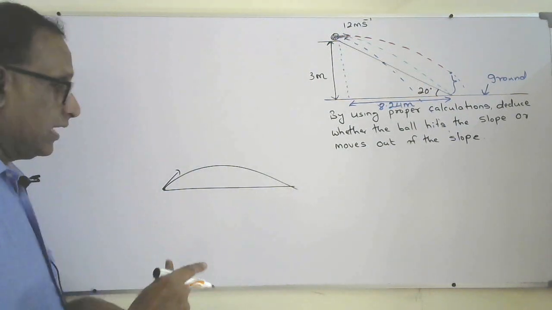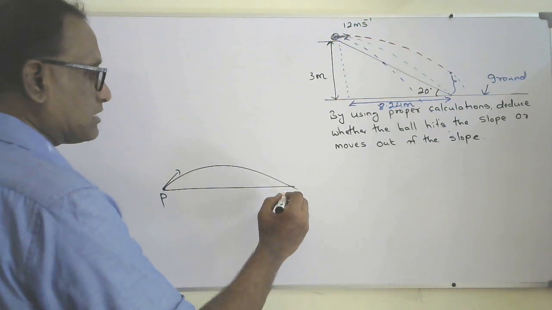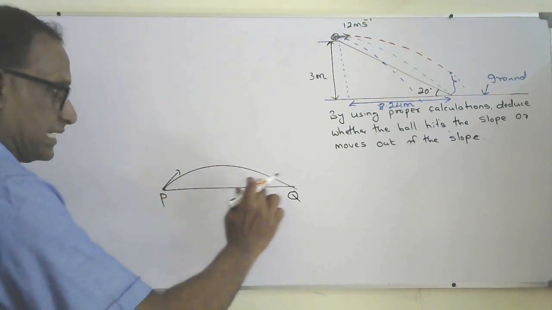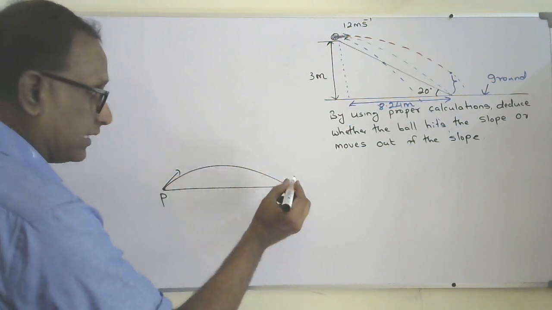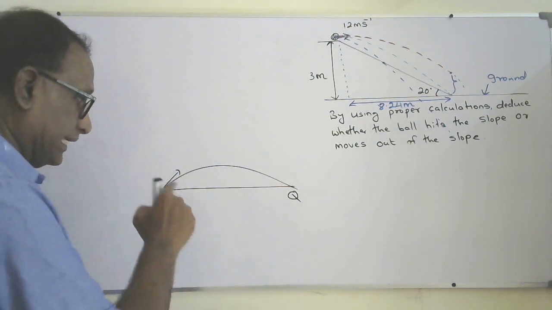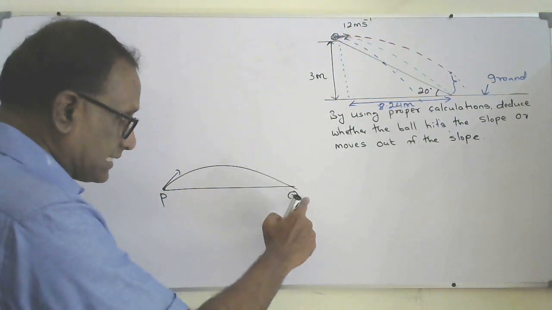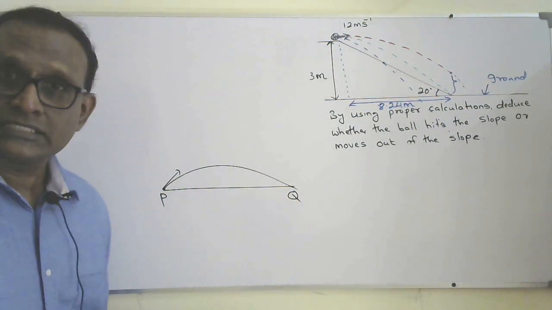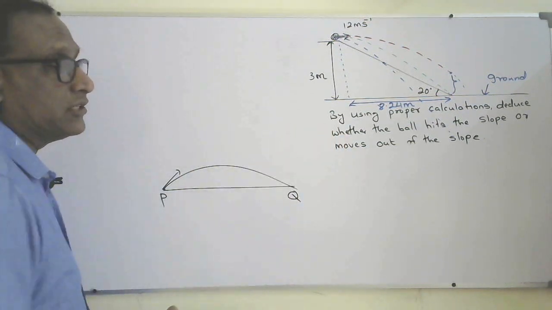When we consider the displacement perpendicular to this line, imagine I call this PQ, the displacement perpendicular to this line PQ will be equal to 0 when the projectile lands at Q. P and Q are the points connecting the initial point and the final point. So when the projectile hits Q, the vertical displacement, the displacement perpendicular to PQ, will be equal to 0.